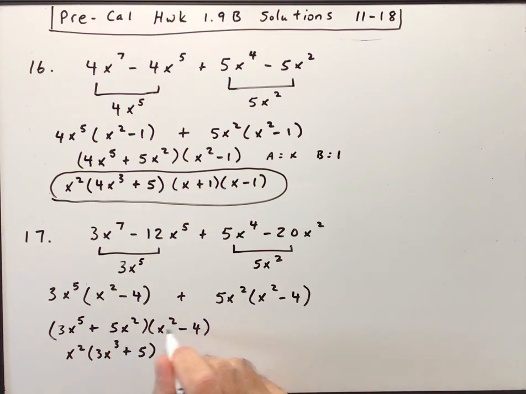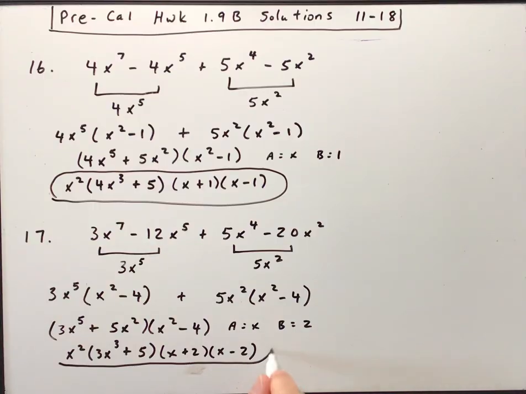And then this x squared minus 4 is the difference of two perfect squares. So a is x, b is 2. So that'd be x plus 2 times x minus 2. All right, so getting to do a lot of good factoring techniques with these three.